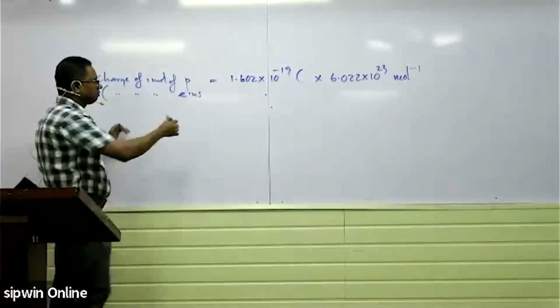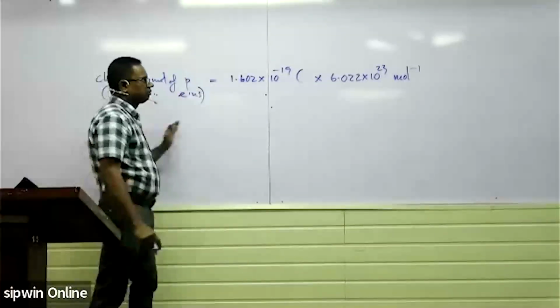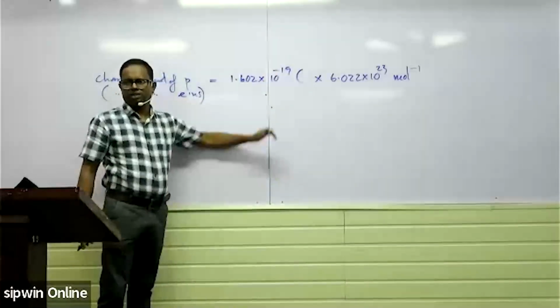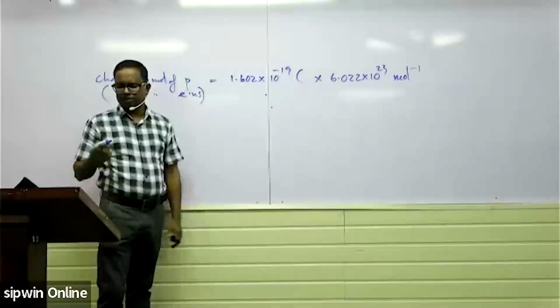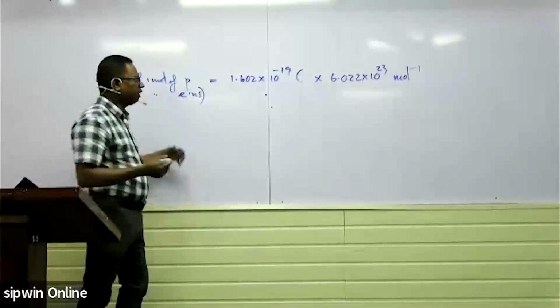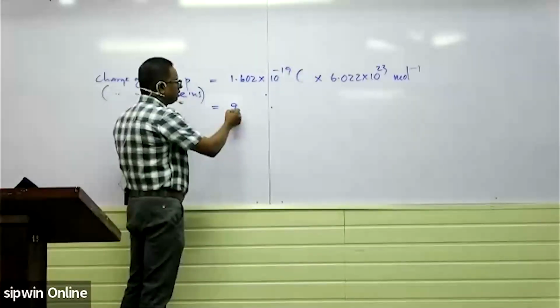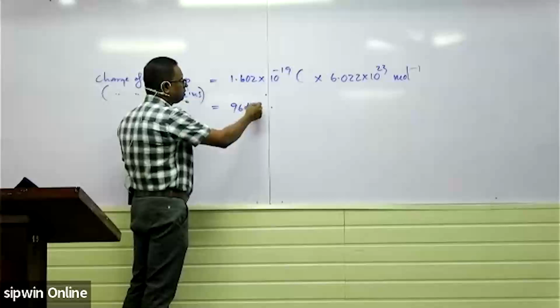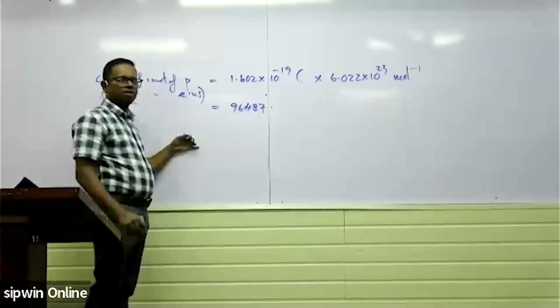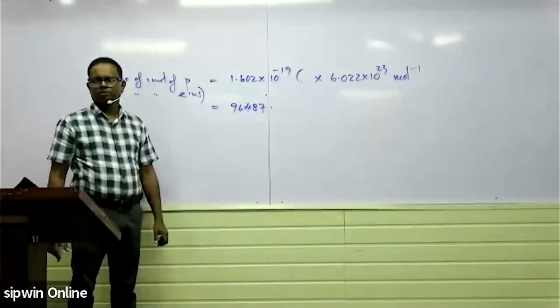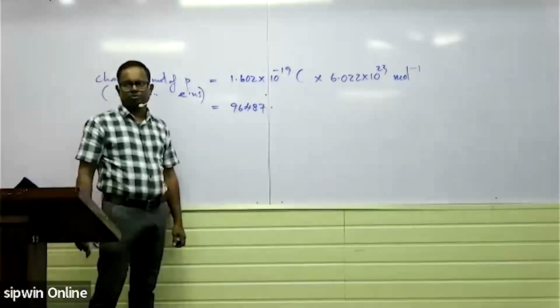Write that one also. This one into this one: charge of electron into Avogadro number. So this value is equal to the earlier 96,487, 490. Sometimes rounded to 450 also.